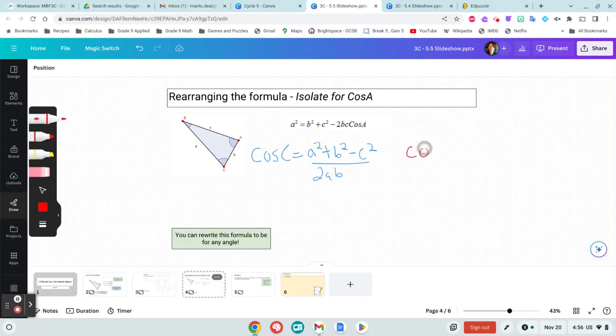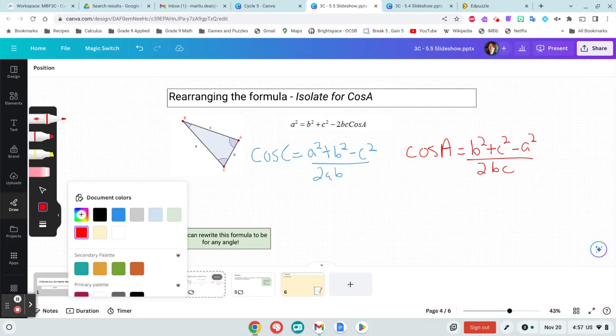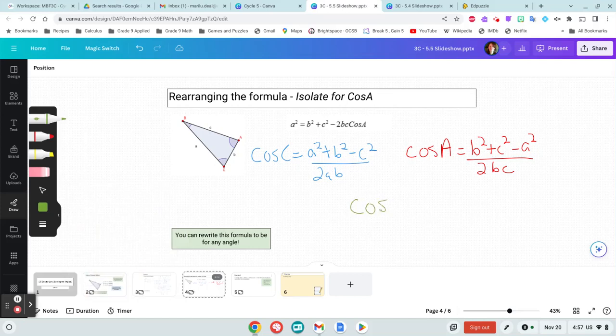If I want cosine of A, it's B squared plus C squared minus A squared all over 2BC. And the third one is cosine of B, which uses the other 2 sides: A squared plus C squared minus B squared all over 2AC.